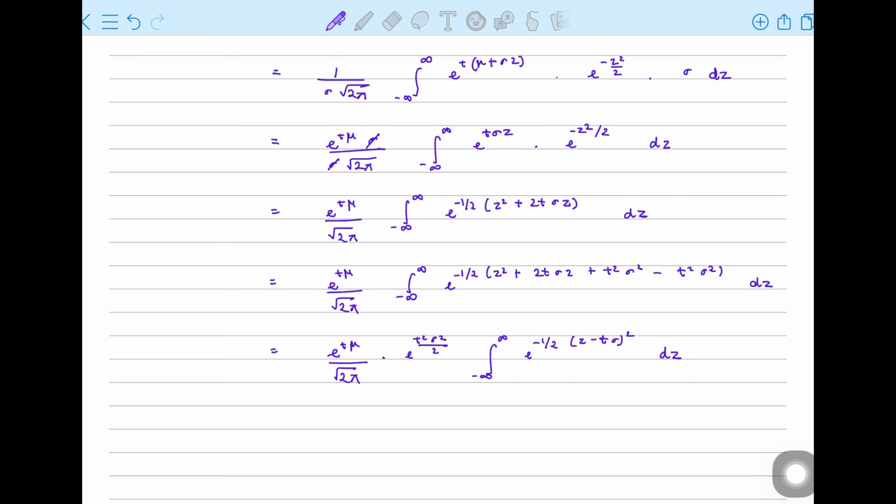Now we're going to be using another substitution. For this, let u be equal to z minus t times sigma. This gives us z is equal to u plus t sigma. On differentiating, we obtain.